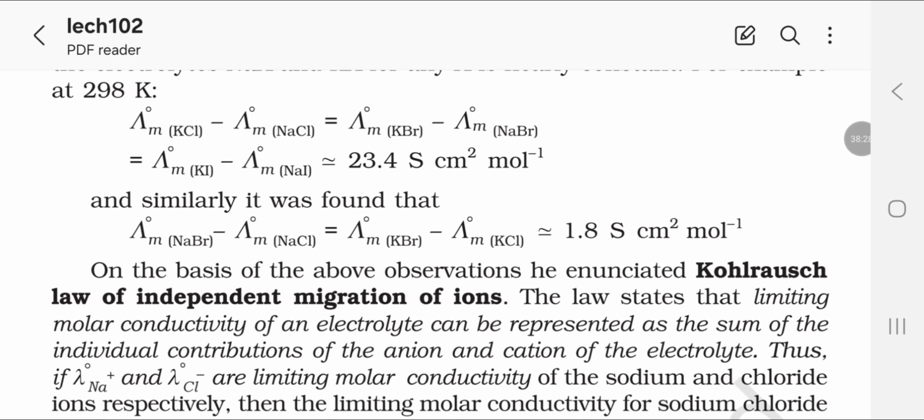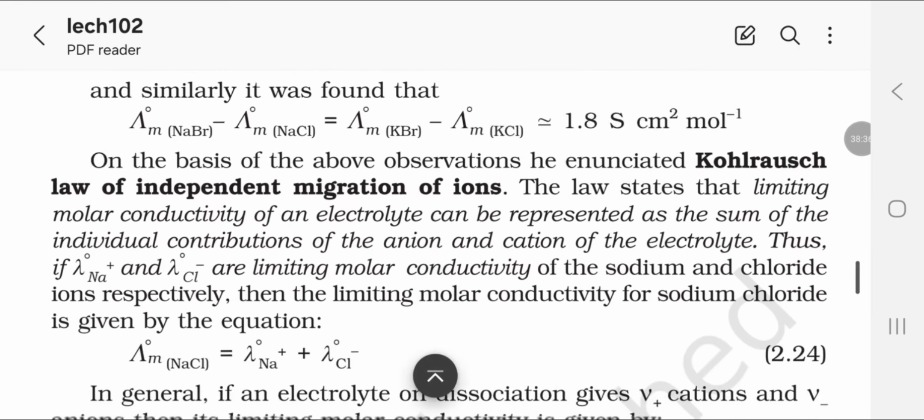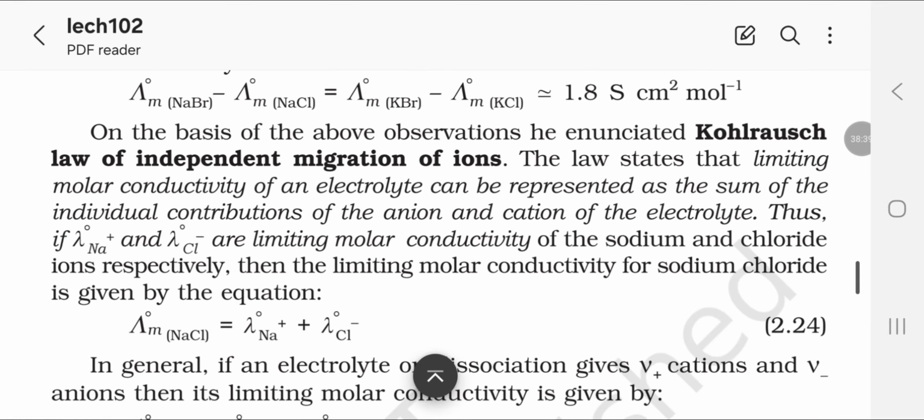On the basis of the above observation, he enunciated Kohlrausch law of independent migration of ions. The law states that the limiting molar conductivity of an electrolyte can be represented as the sum of the individual contributions of the anion and cation of the electrolyte.